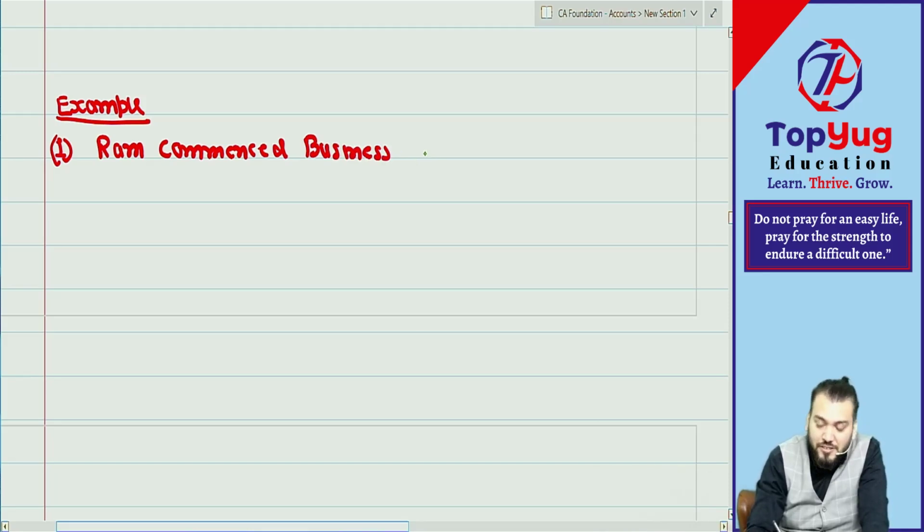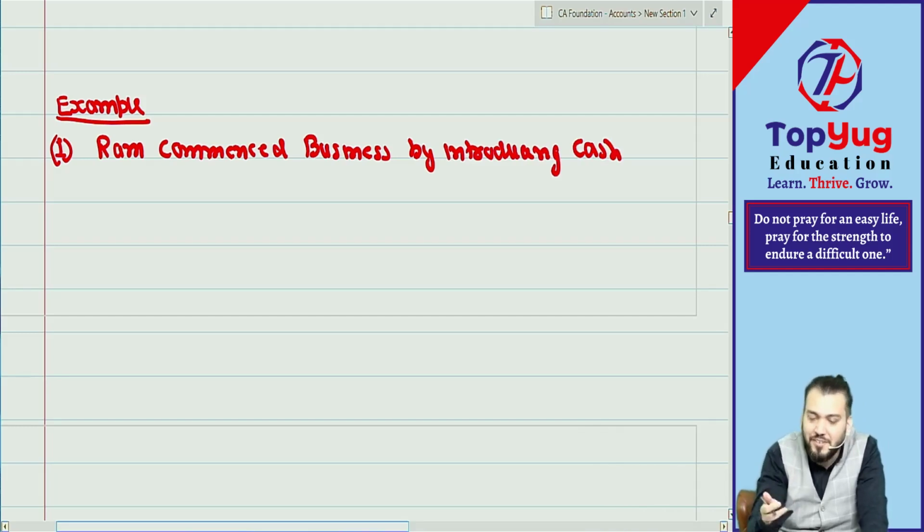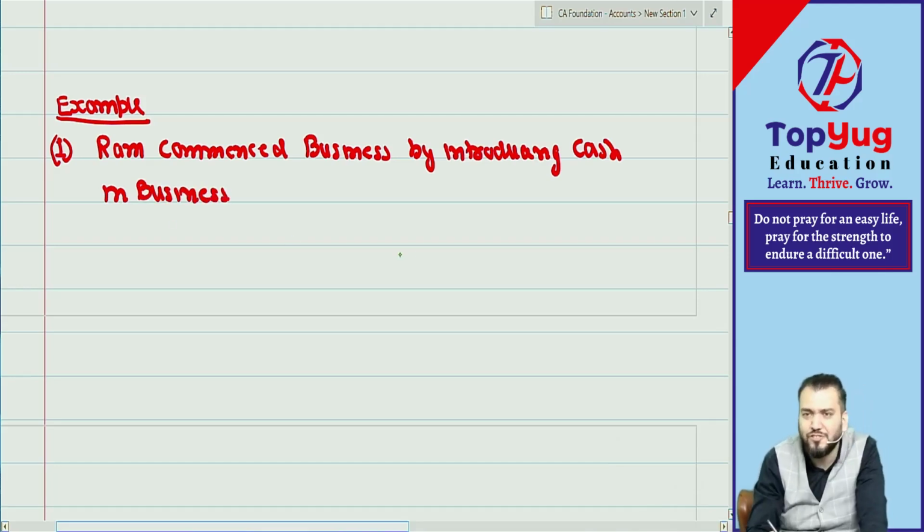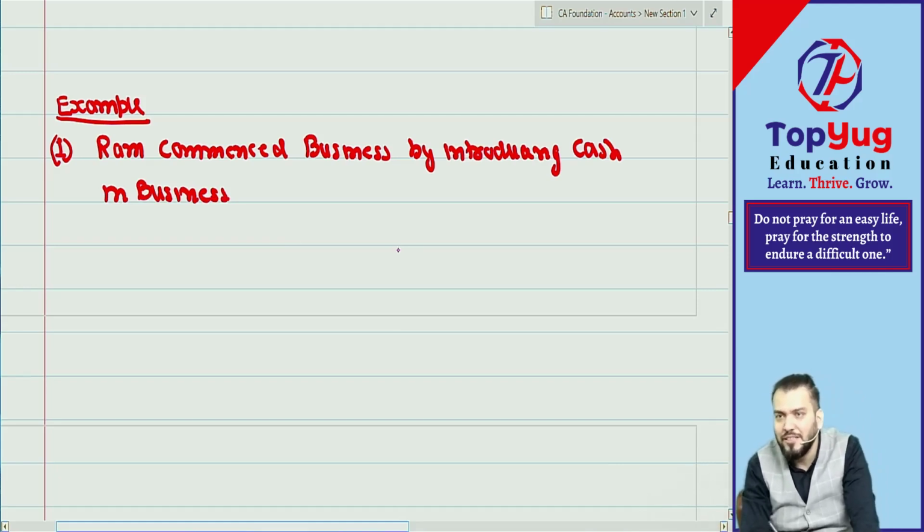Ram commenced business by introducing cash in business. Right now, I'm not giving an amount. Of course, some amount will be there because it should be expressed in terms of money value. Suppose cash of rupees 10,000. So 10,000 becomes the amount. Right now we are ignoring the amount.